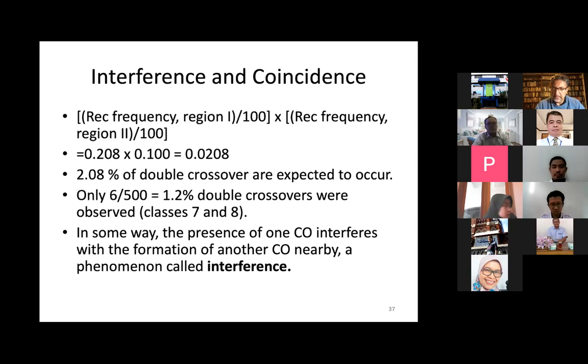So that means there has to be some interference between the occurrence of one crossing over and the other. That would make the frequency of double crossovers even lower than the expected rate calculated by the product of both probabilities.